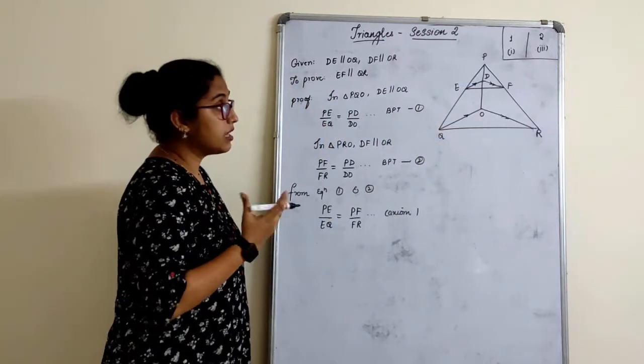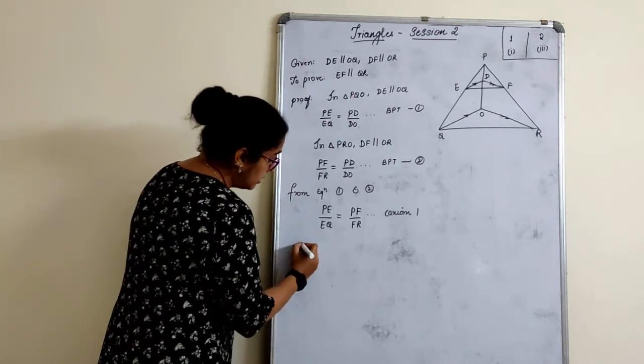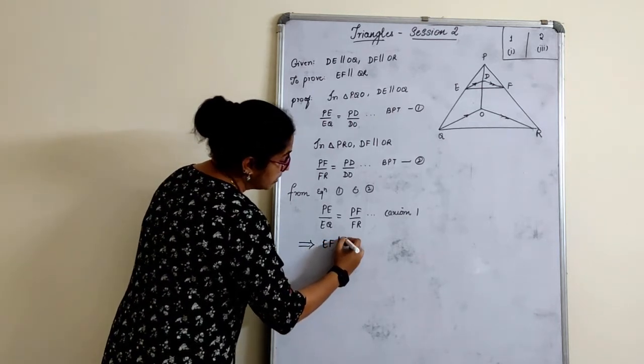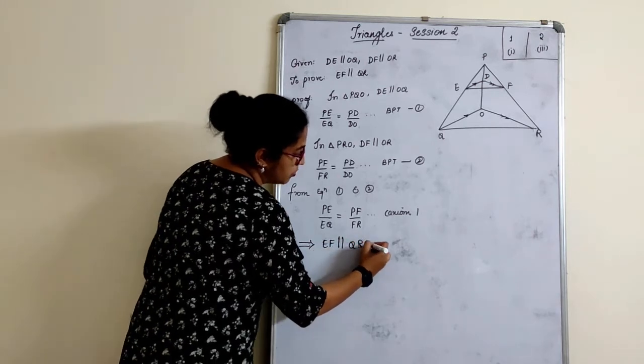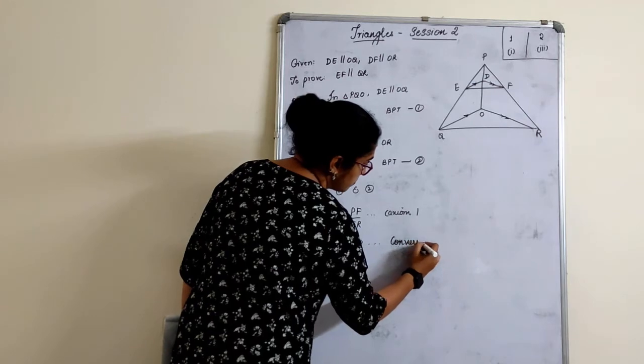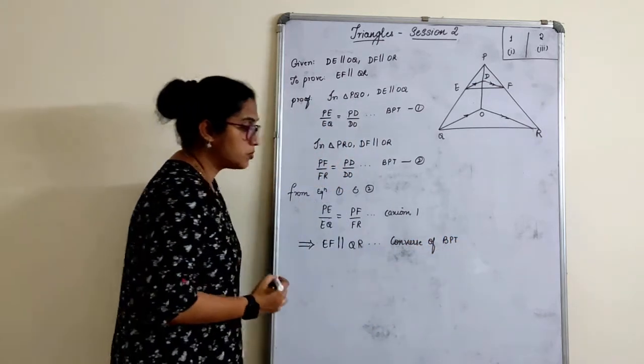That means these other two sides in the triangle are the proportional sides which are equal. This implies EF is parallel to QR. Reason: converse of BPT. That is what I have told you.